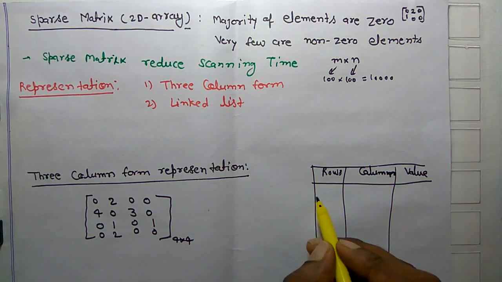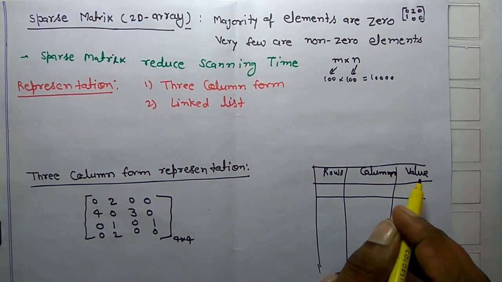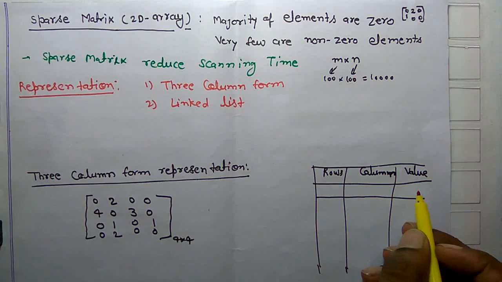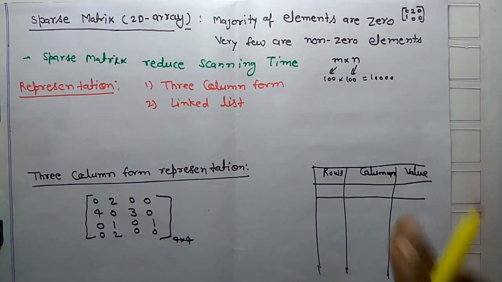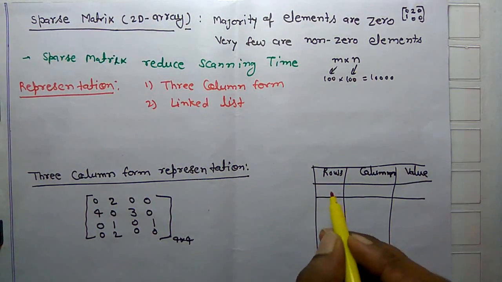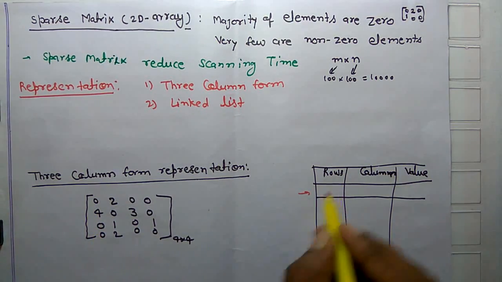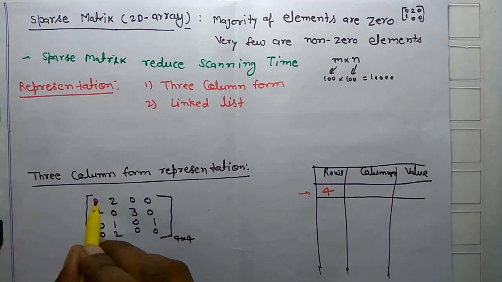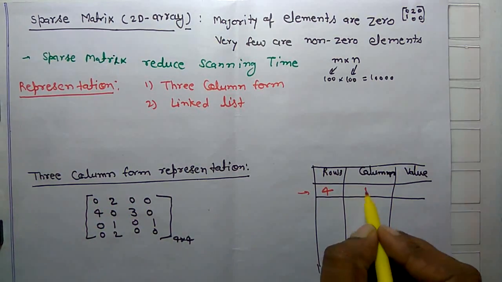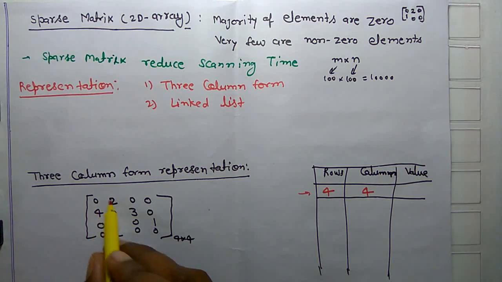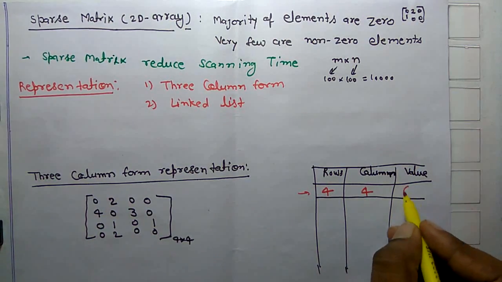The first row is represented by the total number of rows, the total number of columns and the total number of non-zero values that exist in that matrix. The total number of rows is 4, total number of columns is 4, and total number of non-zero values is 6.